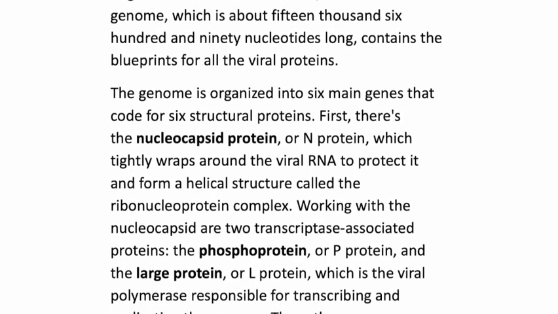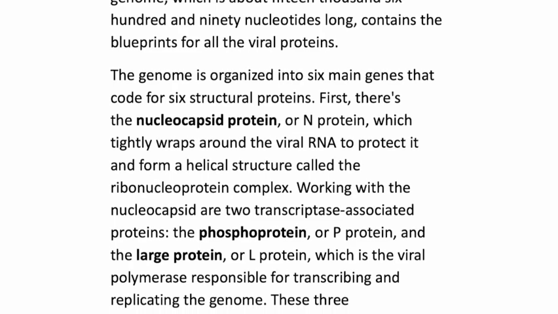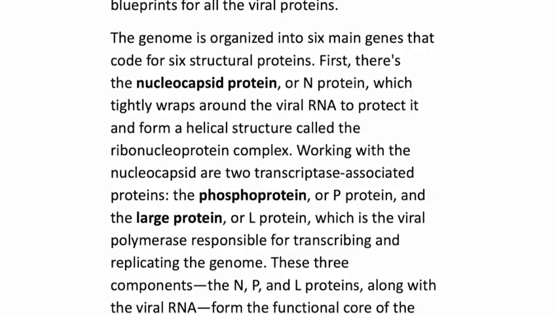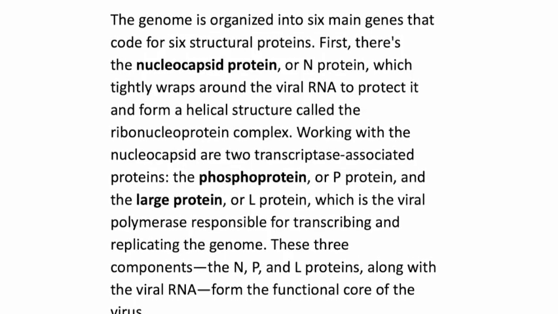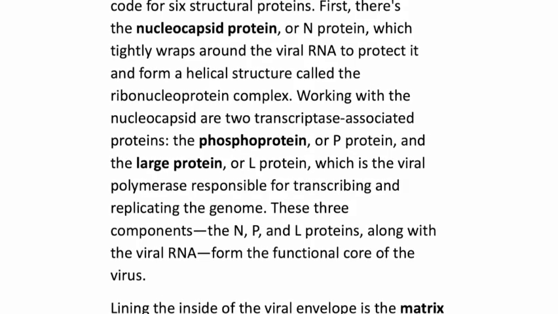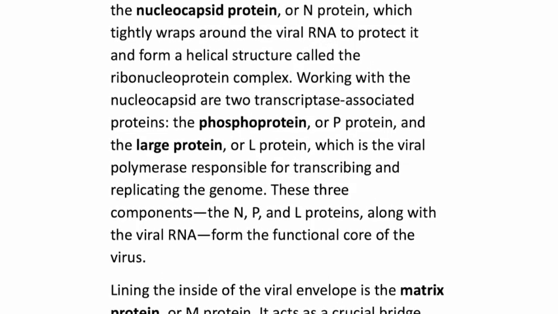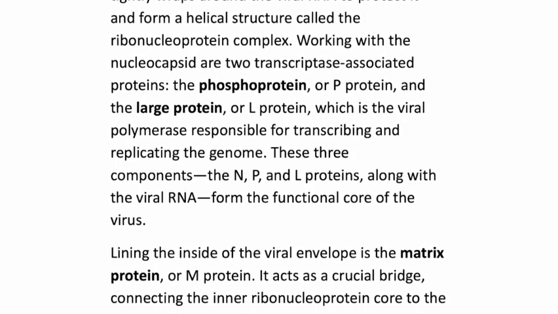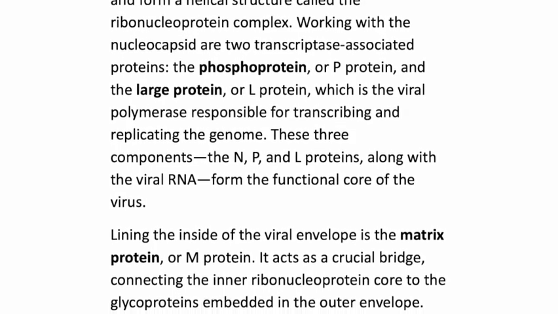First, there's the nucleocapsid protein, or N protein, which tightly wraps around the viral RNA to protect it and form a helical structure called the ribonucleoprotein complex. Working with the nucleocapsid are 2 transcriptase-associated proteins, the phosphoprotein, or P protein, and the large protein, or L protein, which is the viral polymerase responsible for transcribing and replicating the genome.